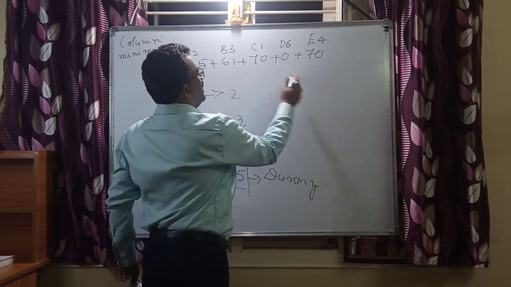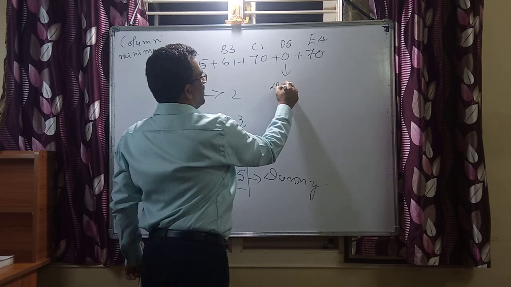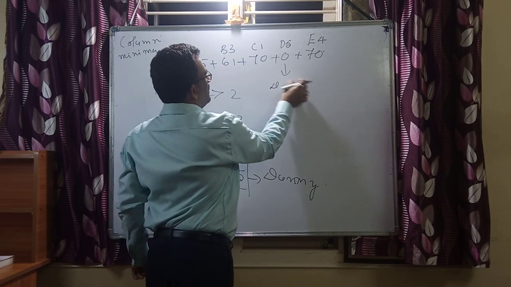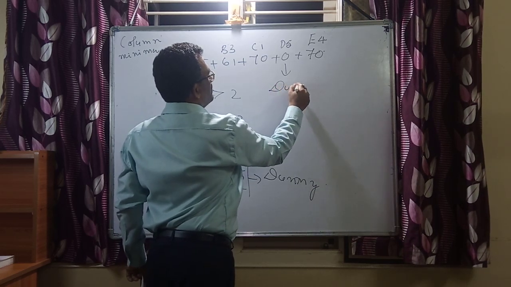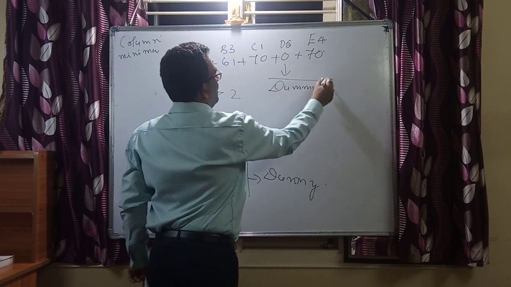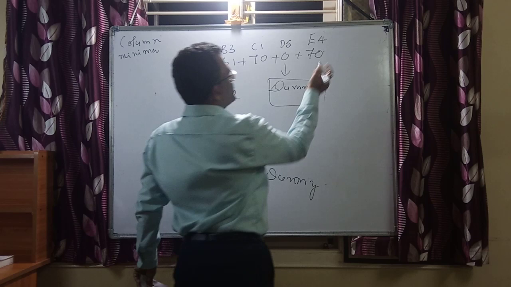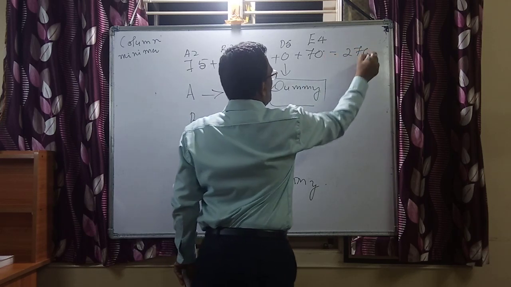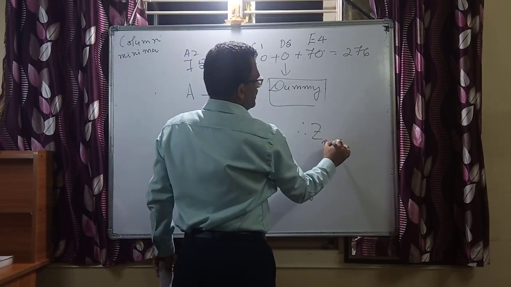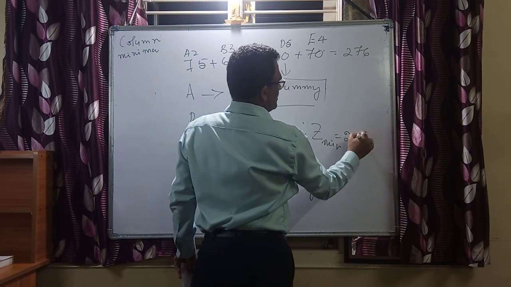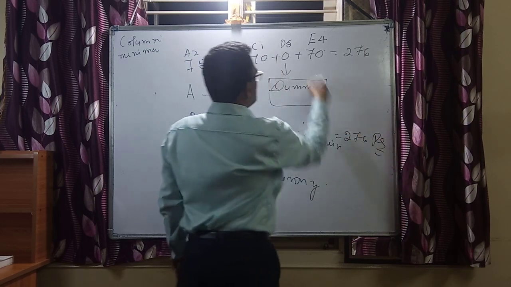This is dummy, a hypothetical allocation. Now E with 4. The total cost is 276. This is what the minimum is. Therefore, the minimum is 276 rupees with this dummy allocation.